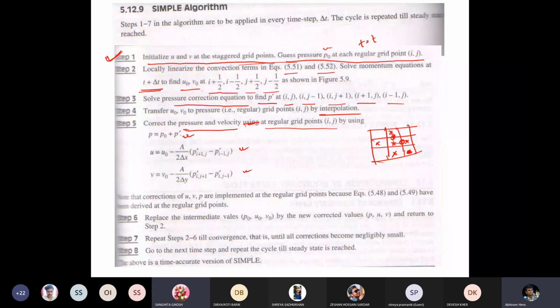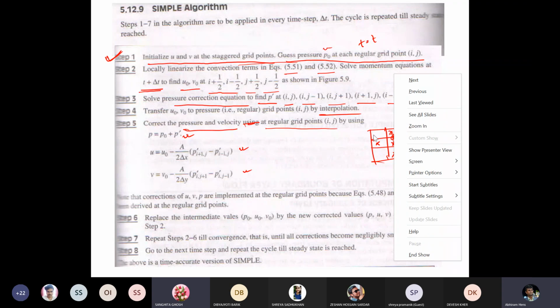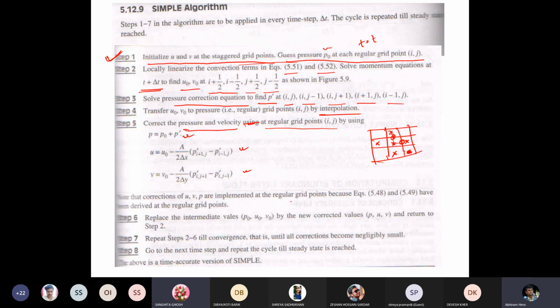Now you bring them to the center and you try to couple this pressure and velocity, using the definition of the pressure correction. Note that the corrections of u, v and p are implemented at the regular grid points. Now this correction is taking place at Ij, not at the cell center.